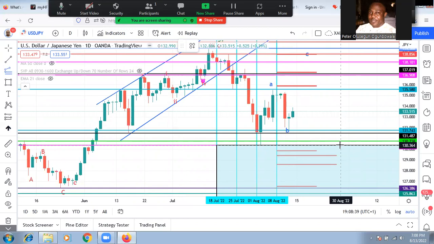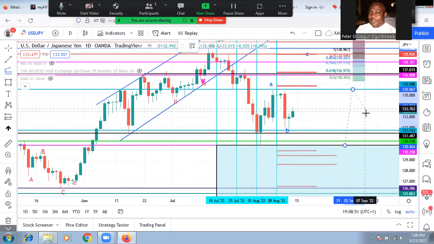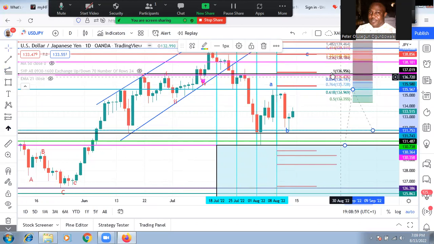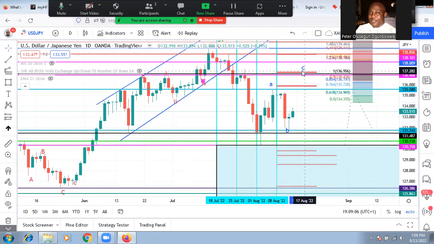So if this is what I'm expecting, the C leg should be 100 or 123. So the 100 is here. So this is the zone that we should expect price to walk up to. This is the 100 and this is 123.